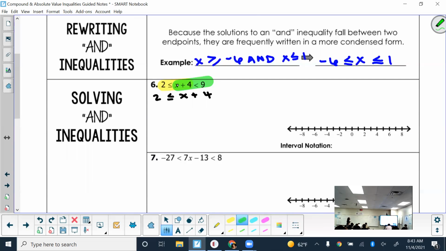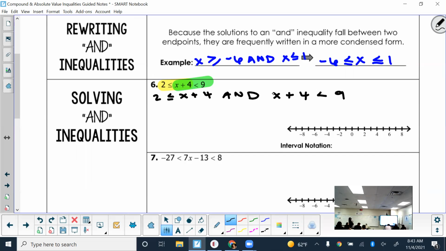So for the ands, they still have the same middle, but now it's the other symbol involved. I'm going to put and in here, that might help you. So this and x plus 4 less than 9. You have to know how to separate it. That's the hard part. Questions?